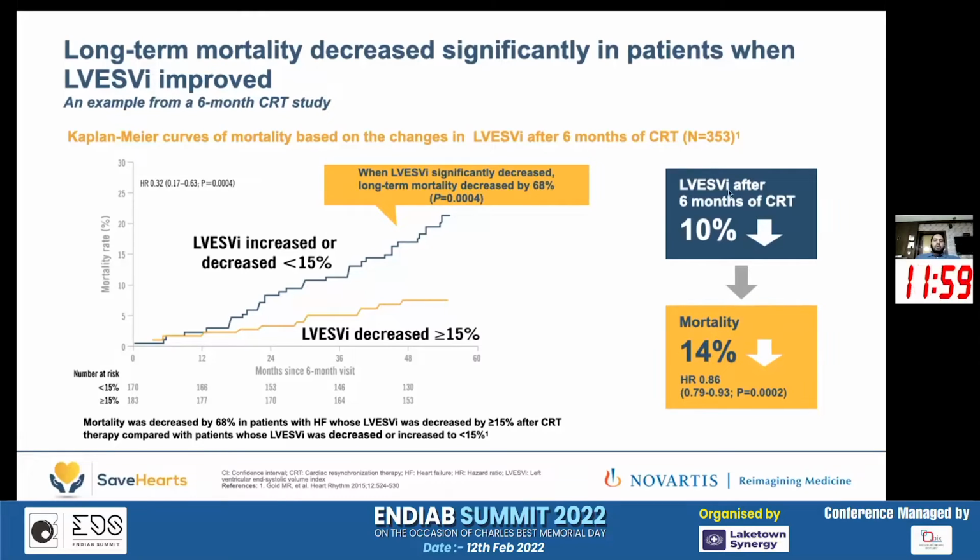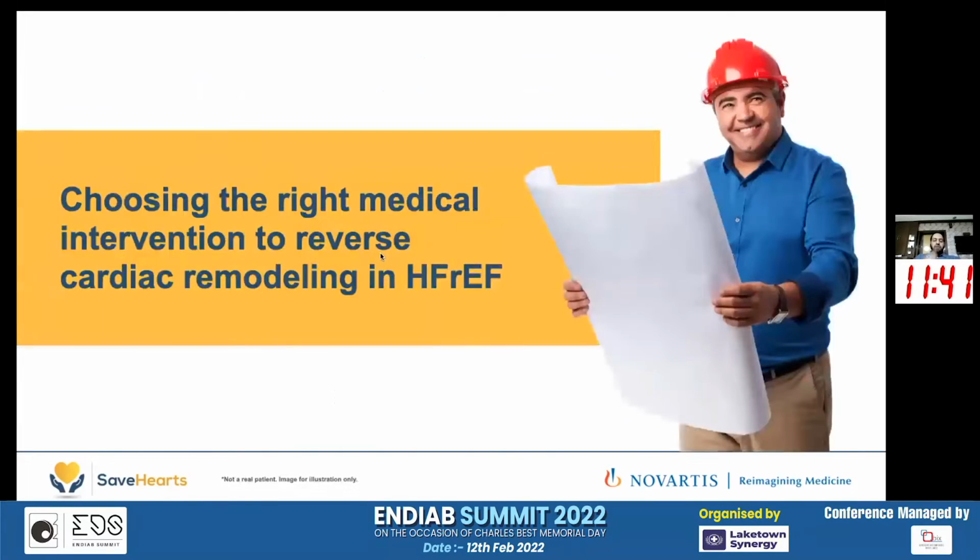So as the left ventricular end systolic volume reduces over a period of time, you see a reduction in mortality. As the left ventricular systolic volume increases, you see an increased mortality.